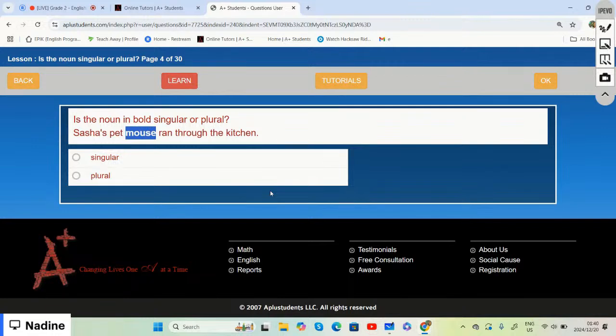Option one, singular, it refers to one mouse, or option two, plural, it refers to more than one.